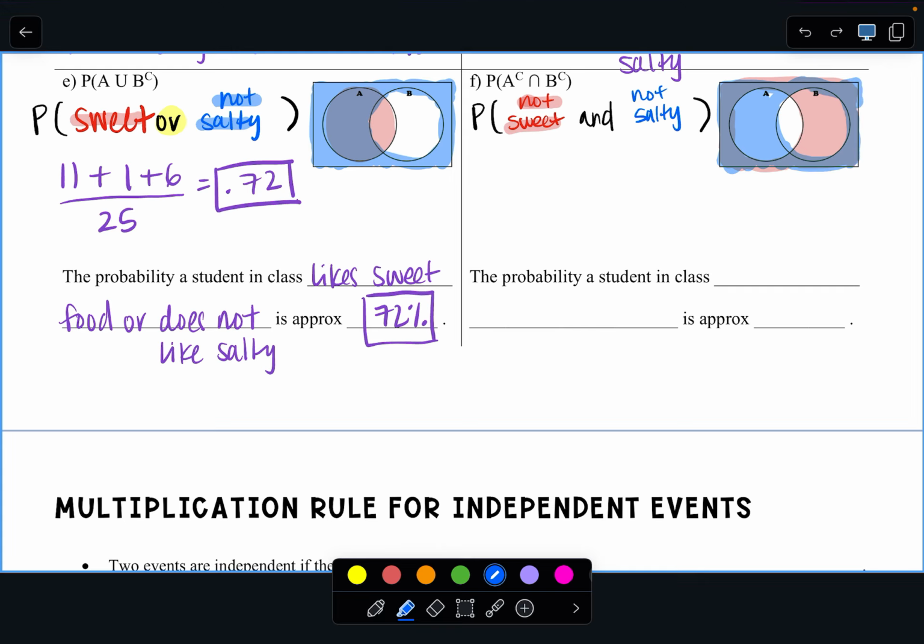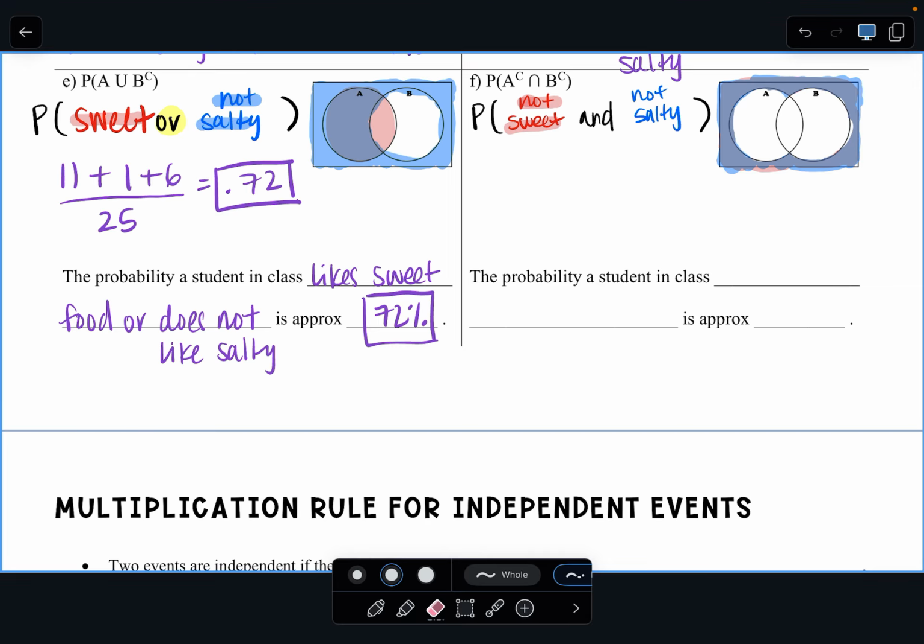But remember, you want in an and statement for both things to be true at the same time. So that means any place where they are not overlapped is not a part of my answer. So that means I'm erasing all of what is in circle A and what is in circle B because those were places where each one was true by itself.